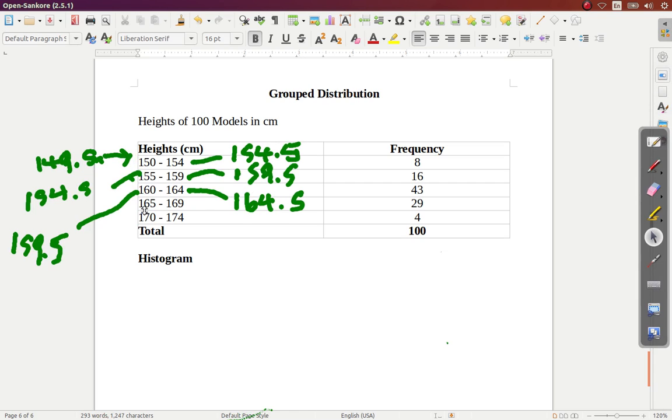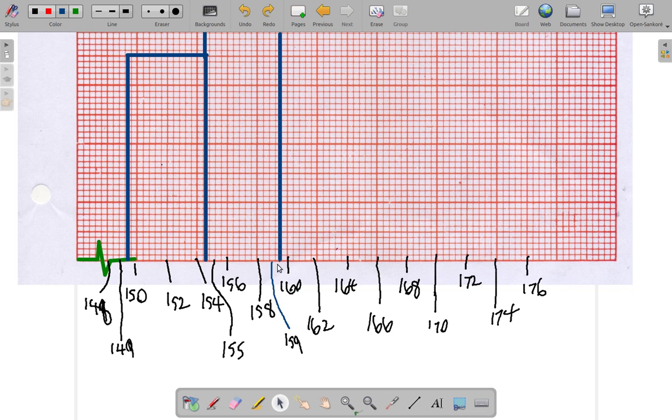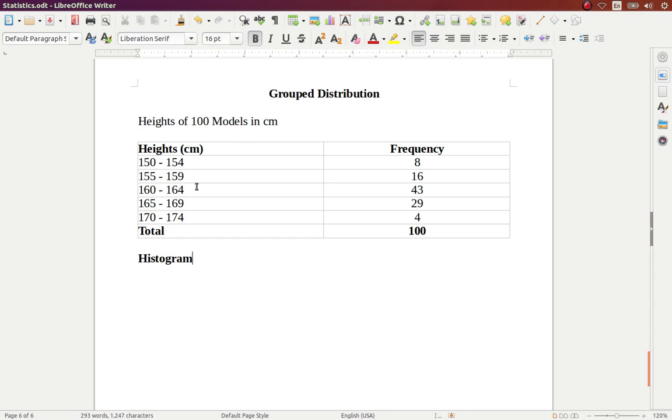Now, for the third class, 160 to 164 could have been as small as 159.5. Now, our 159.5 is already taken care of. This line that ends the second class will start the third class. Now, the third class ends at 164.5.